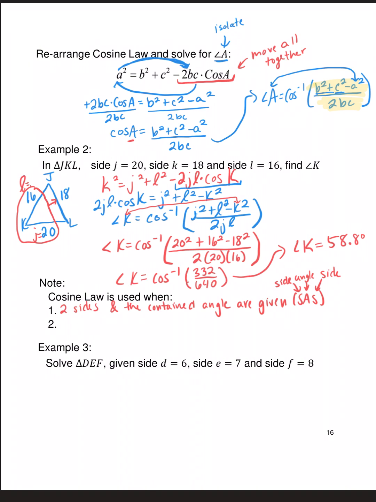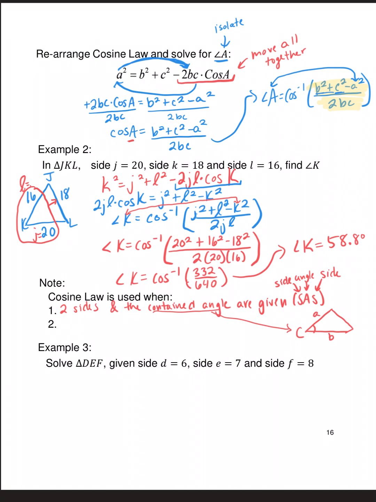So if I was to draw a triangle, and they gave us this side, and the angle between them, that's our contained angle because it's between the two sides that they gave us. That's why they call it the contained angle. Then that's when we use cosine law, and we saw that in the first example today.